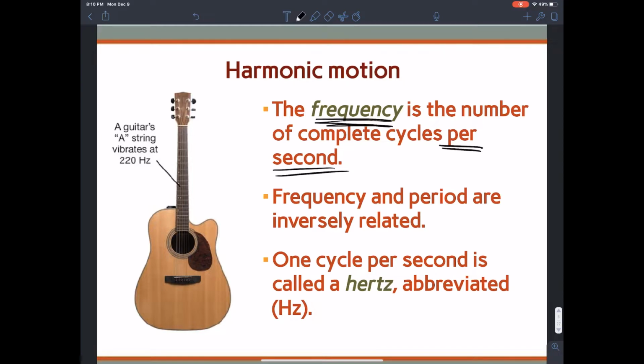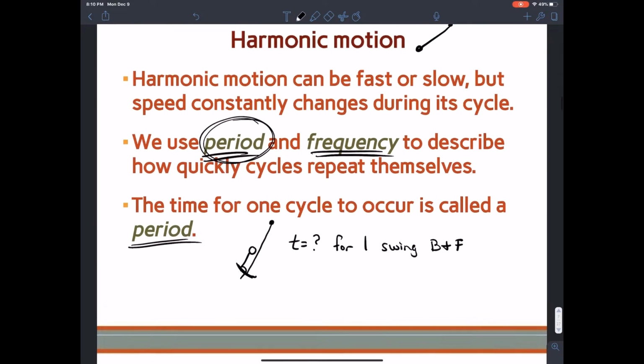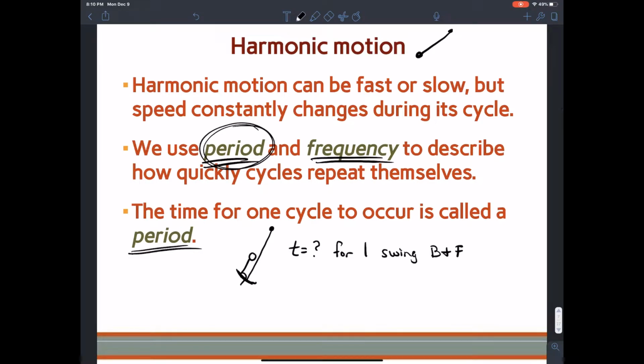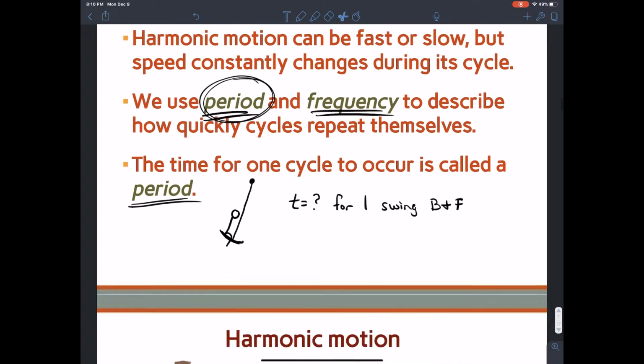Our kid on the swing set right here, the average swinging back and forth, it might take 1 to 2 seconds for that kid to actually move from this position here, swing all the way over, and then back. Now that's a pretty slow oscillation.